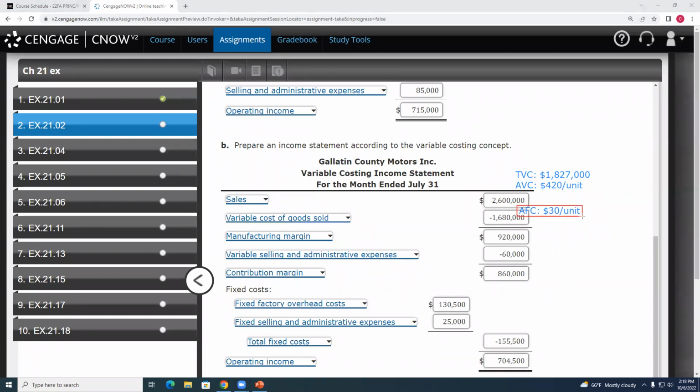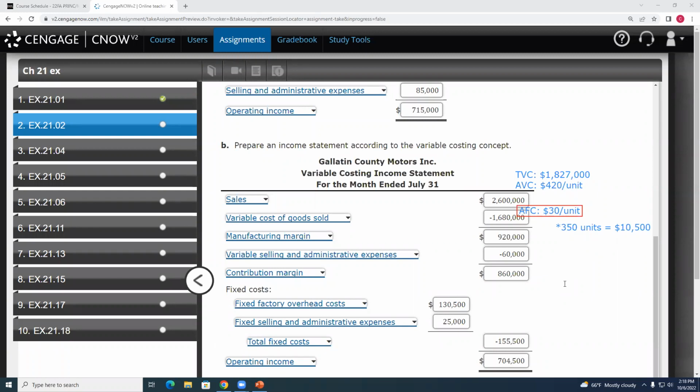It is this fixed cost of $30 per unit times the 350 units that we produced but did not sell. So we produced 4,350, we only sold 4,000.